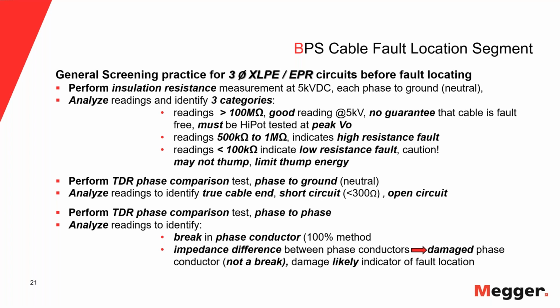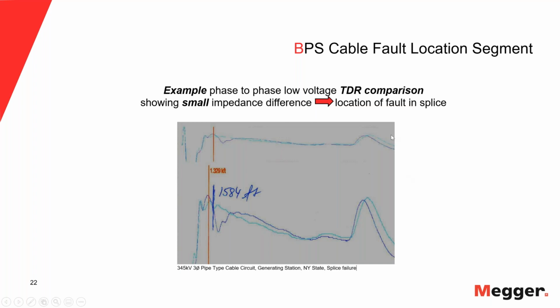And whatever difference there is means there is some damage to the conductor, because if the conductor is fine, I wouldn't see that difference in impedance. So in a way, that difference in impedance between conductors is an indicator where most likely there is a damage or a fault. Okay, and I will show you a slide here where you exactly see this.